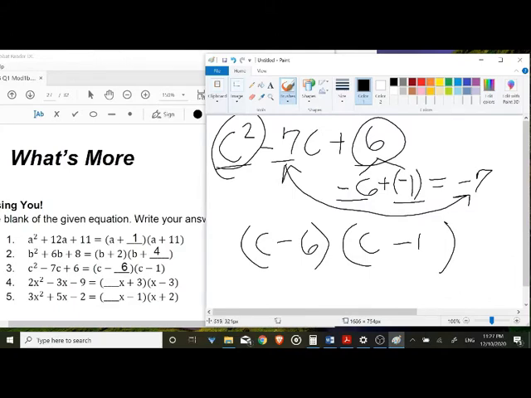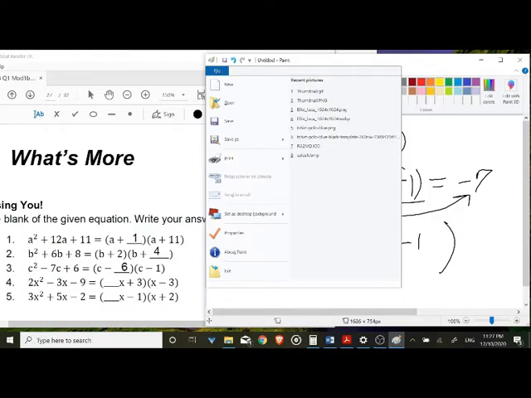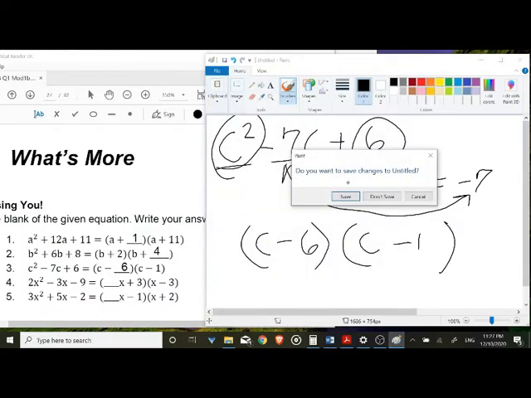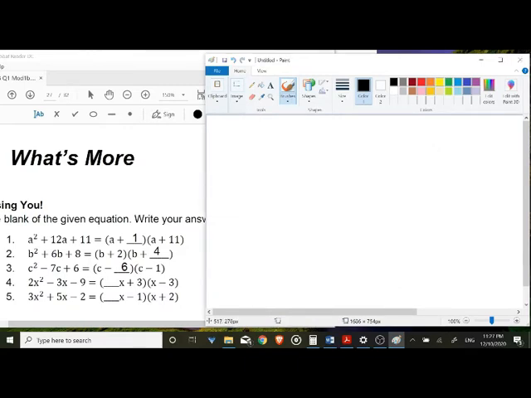Okay. So, yun po yung pamamaraan para ma-factor natin yung general trinomial natin with a leading coefficient equal to 1. So, ito naman po yung number 4 and number 5, example ng leading coefficient na hindi po 1.